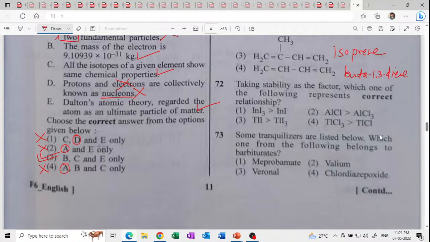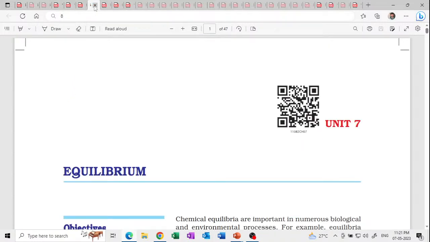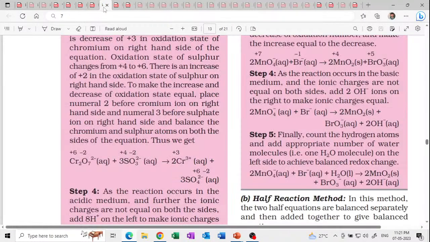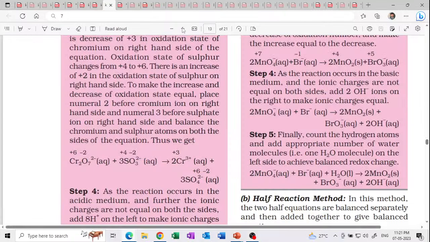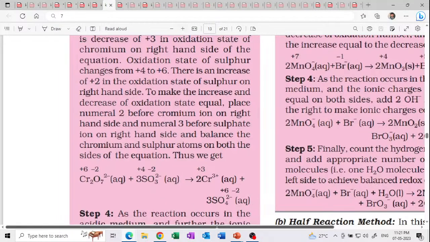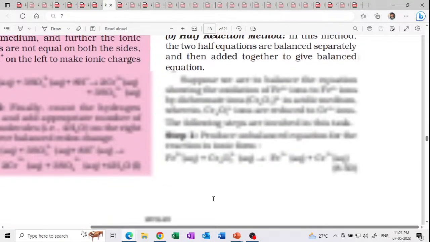Question number 72. This is a question from the elements of group 13. Taking stability as a factor, which one of the following represents the correct relationship? This is a question from the P block. Yes, this is the question. CBSE NCERT.